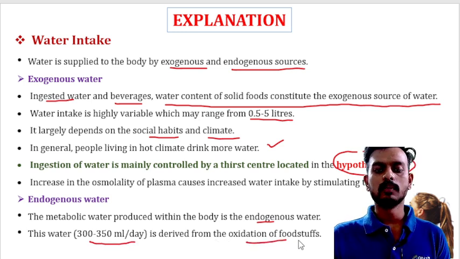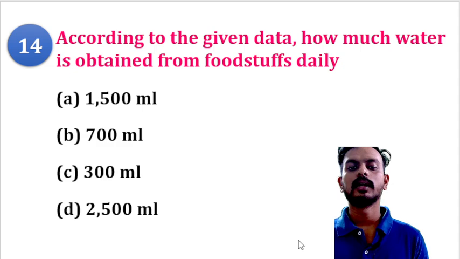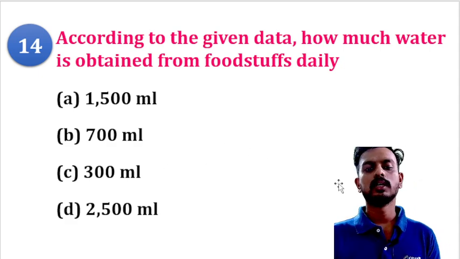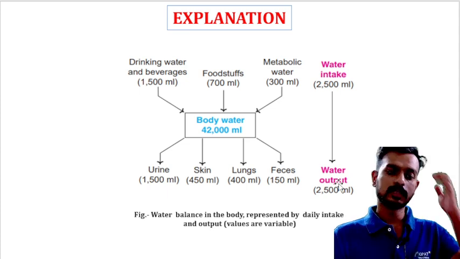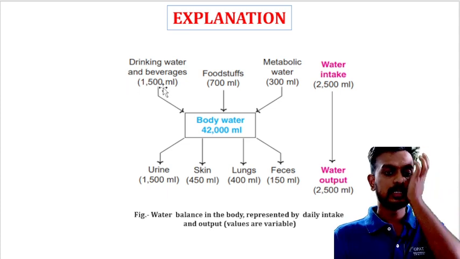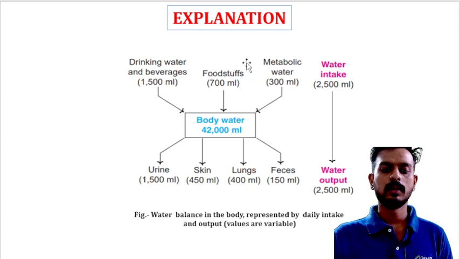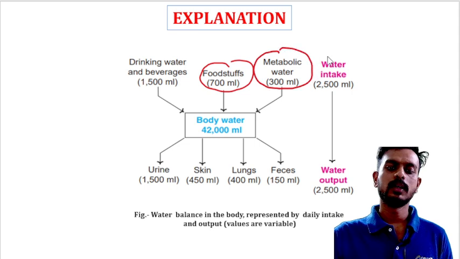So moving to the next question: according to the given data, how much water is obtained from foodstuff? Around 300 to 350 ml of water is derived from foodstuff daily. You can see drinking water and beverages 1500 ml, foodstuff provides around 700 ml, metabolic water provides 300 ml, and total water intake is around 2500 ml.